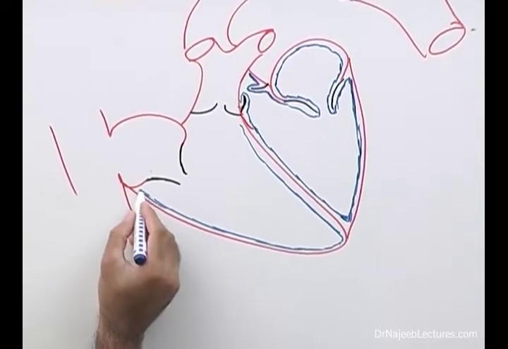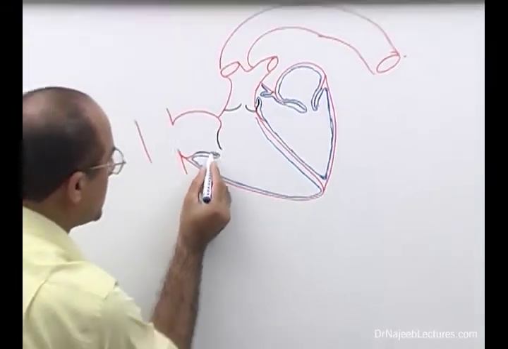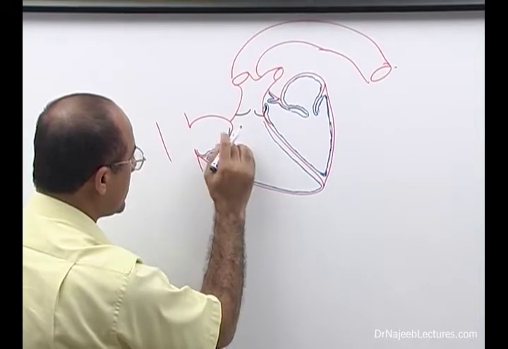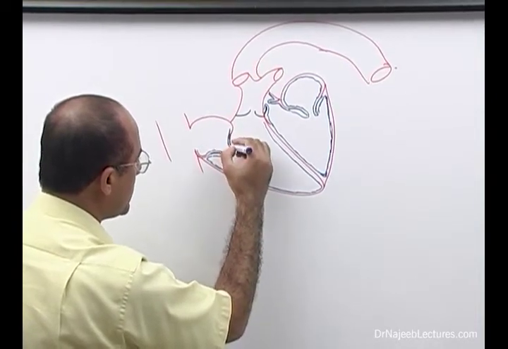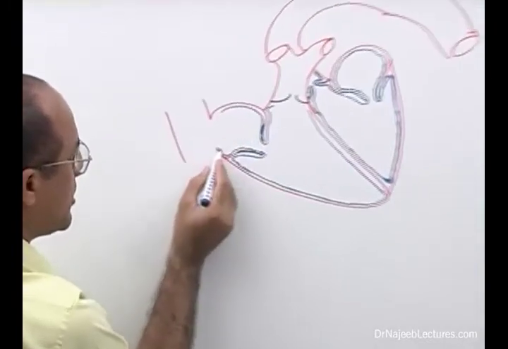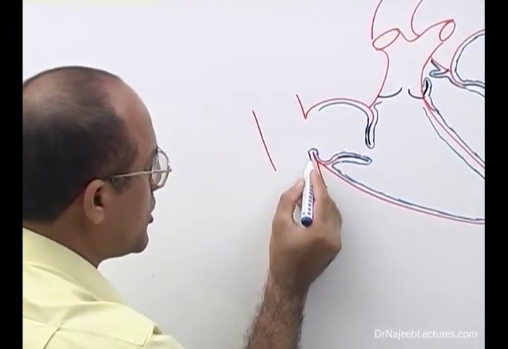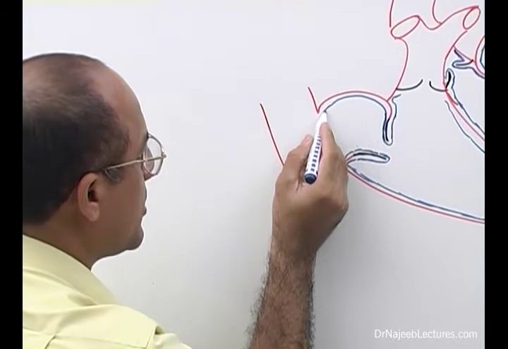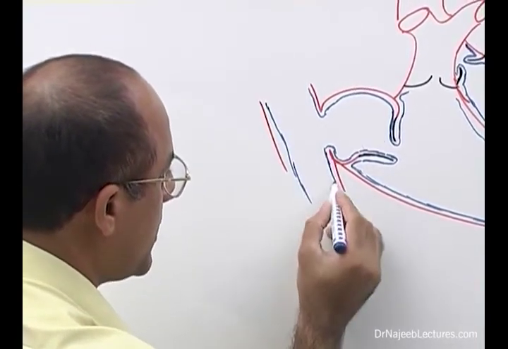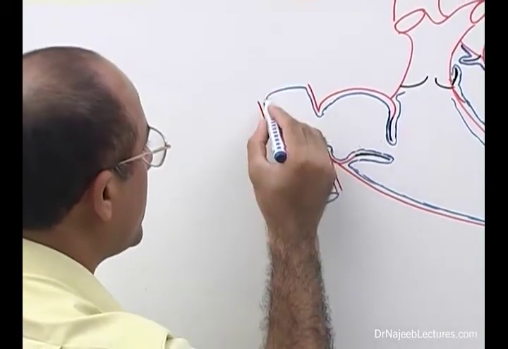In the same way here also endocardium is lining over the valve structure as well, and here endocardium will continue with the intima of the superior vena cava and inferior vena cava.